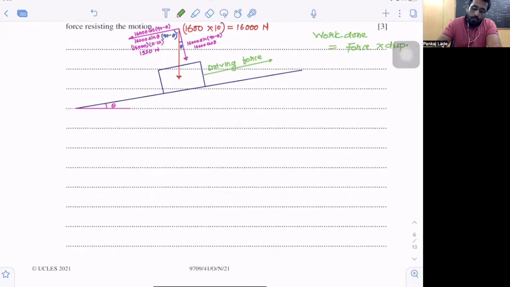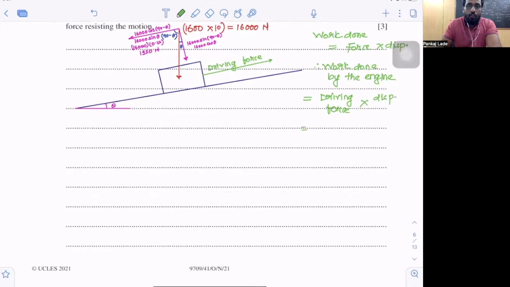So work done by the engine is going to be equal to the driving force that is getting generated multiplied with the displacement of the body.